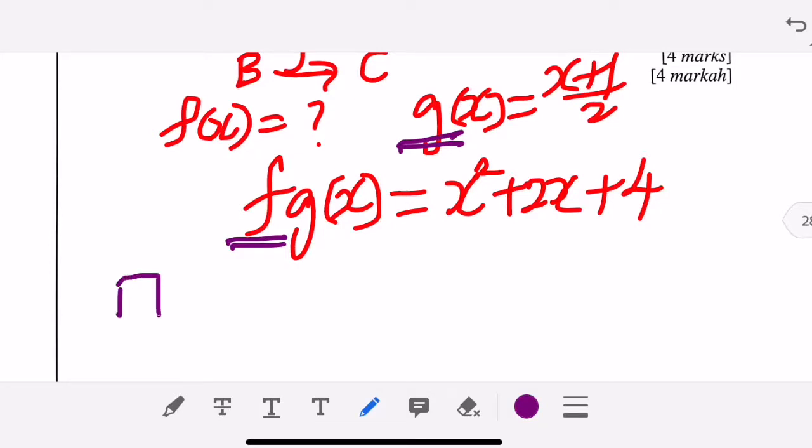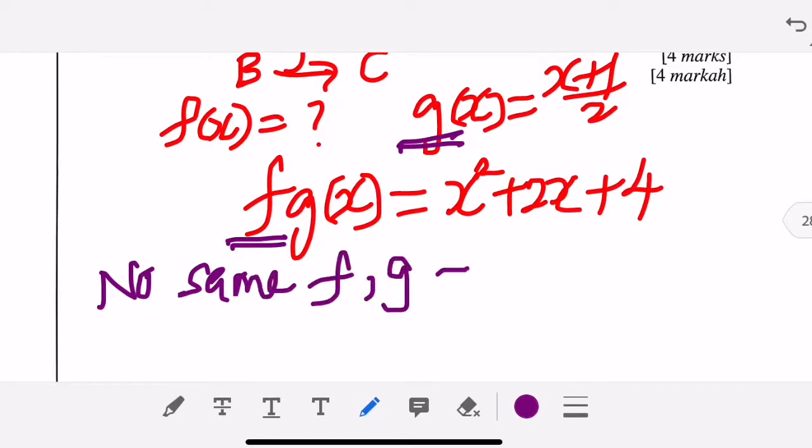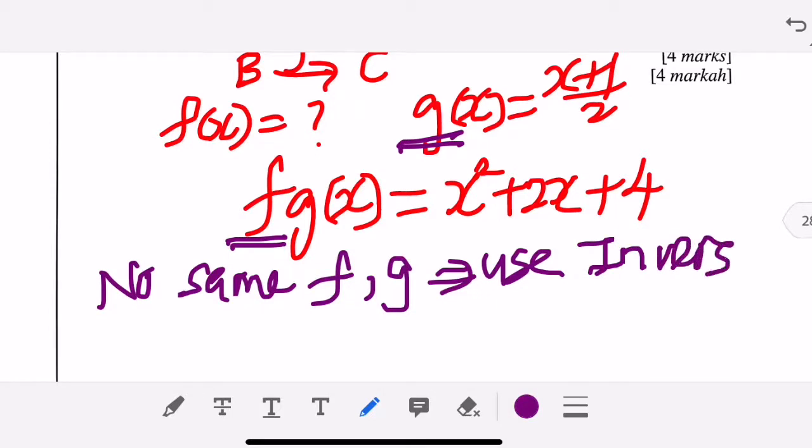G and F are not the same, so we must use the inverse method. I have repeated many times already. Since not the same, remember, use the inverse method.